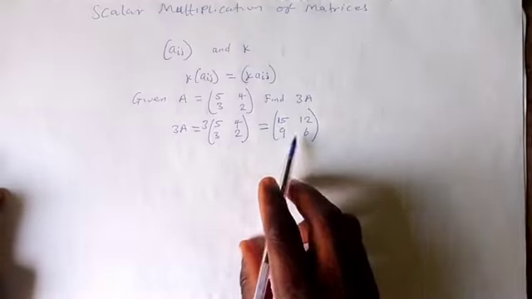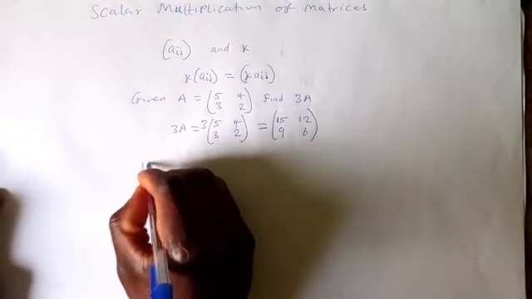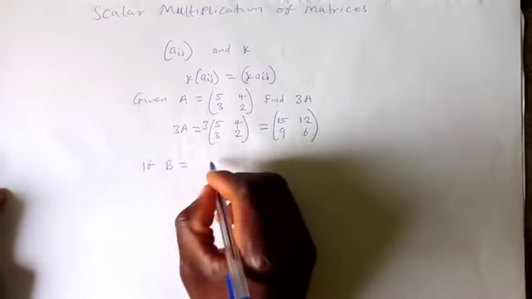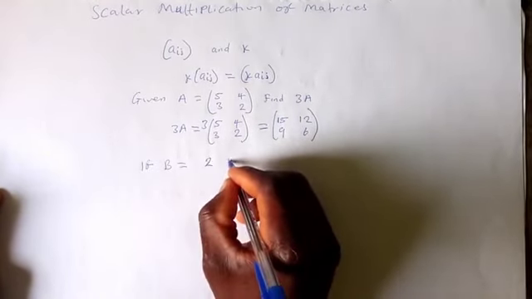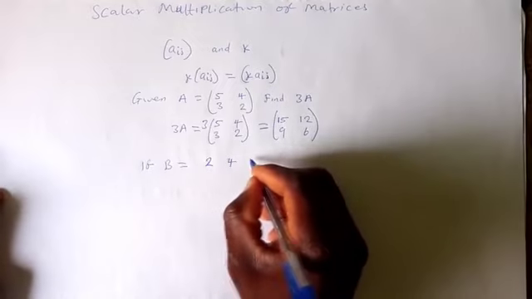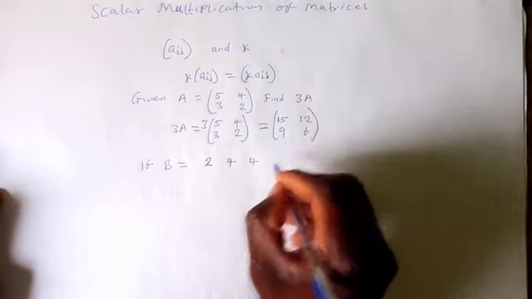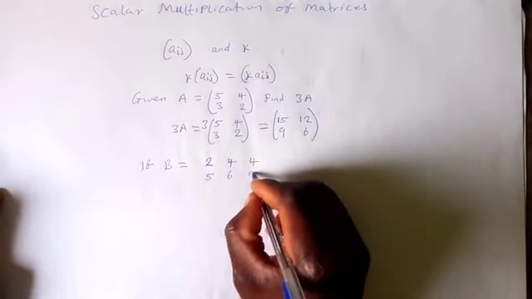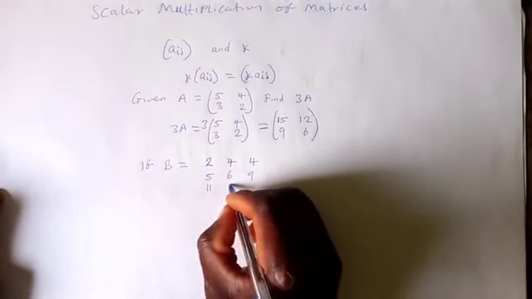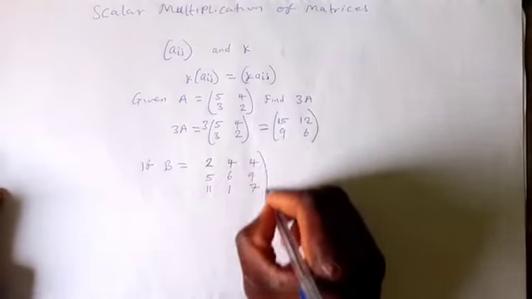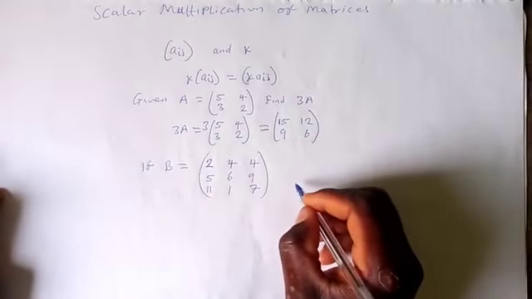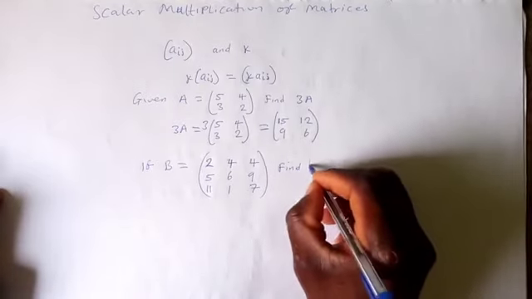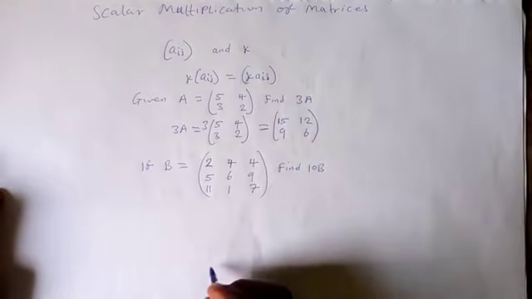Another example. If matrix B is equal to 2, 4, 5, 6, 9, 11, 1, and 7. Find 10B.